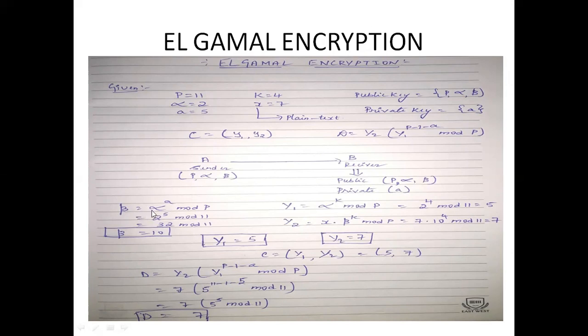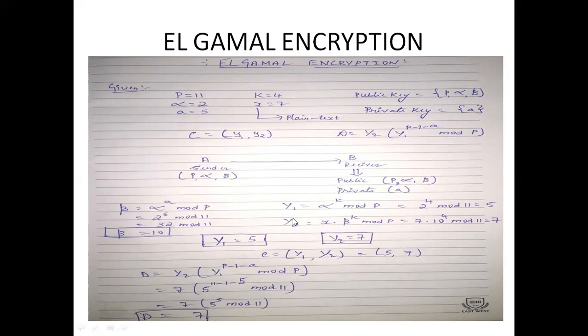How do we find this beta? Beta is equal to alpha raised to the power A mod P, where alpha equals 2, 2 to the power A, the value 5, mod 11. 2 to the power 5 is 32, and 32 mod 11 is equal to 10. Now, as it is encryption, we need to convert the plain text to a ciphertext. The ciphertext will be in the form C equals y1, y2.